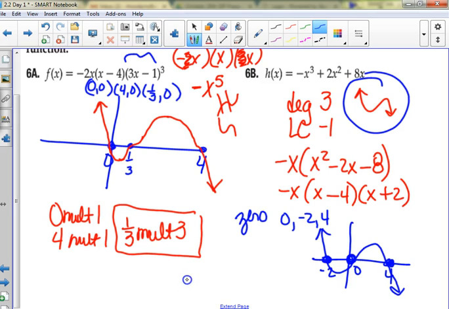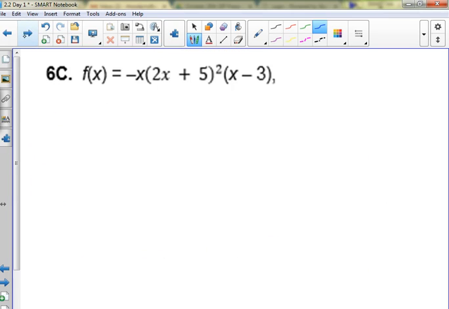One more for fun? Sure. Because neither of these had bounces, did they? We should see if there's a bounce. Is there a bounce on this one? Okay. I want to play with this leading coefficient thing again, guys. It's a -x. This is going to be a 2x squared if we ignore the rest.